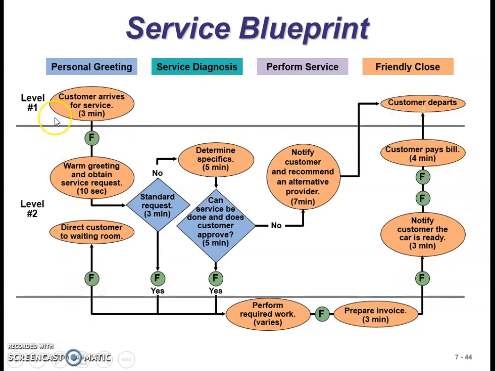It consists of these 3 levels. The first level is the surface level, and the second level is more on notifying customers, diagnosis, and identifying what the problem is. And at level 3, we perform the task, until the customer receives the service and departs.